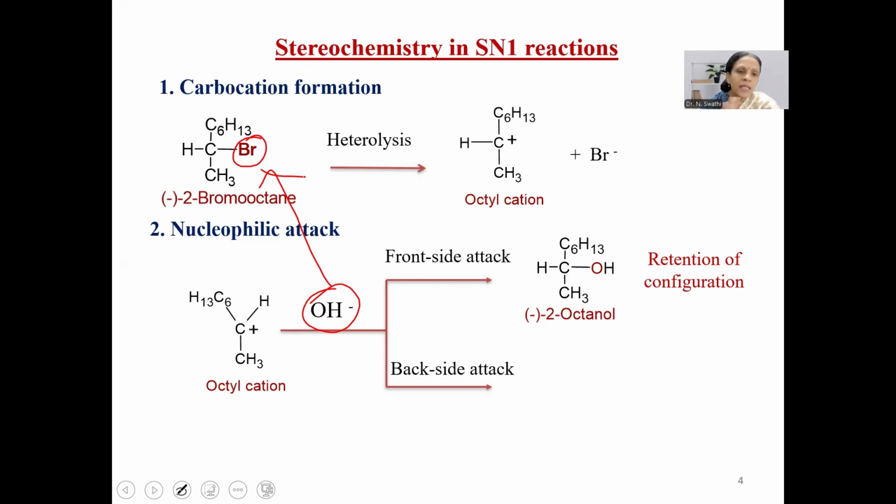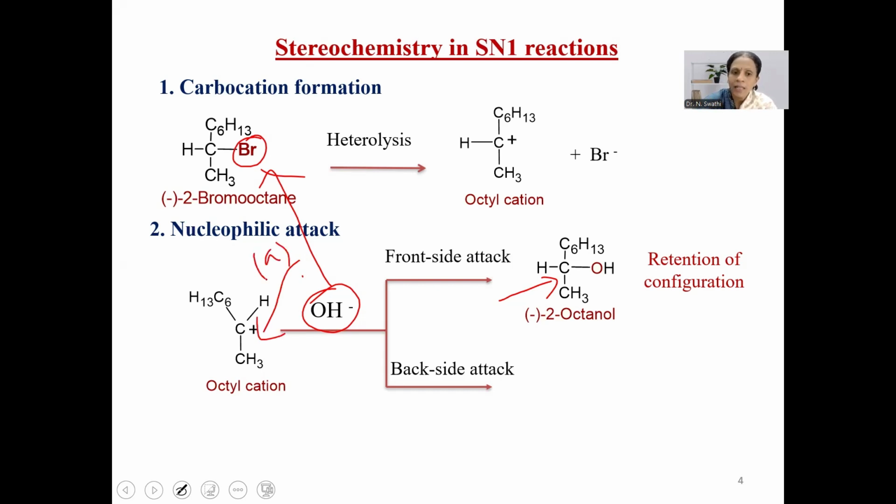So there is no difference in the configuration of the resulting product. That is known as retention of configuration. The starting compound and the product configuration are both similar, both levo isomers, so the reaction is said to proceed with retention of configuration. This is when the attack occurs through the front side.